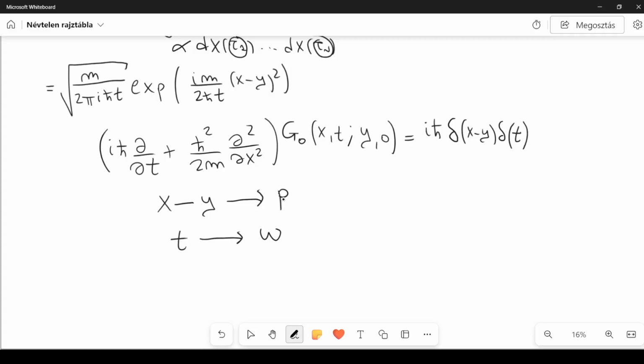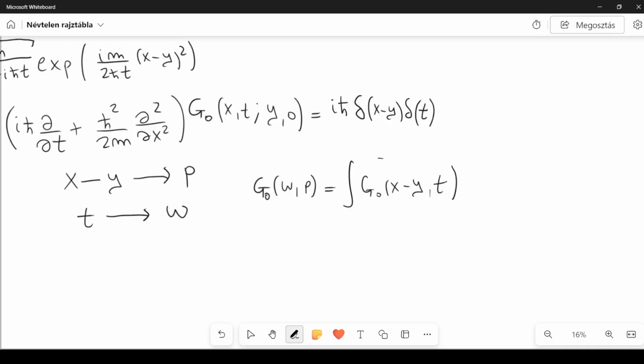Basically, you can define the function G0 of omega, p, which is given by the integral of G0 of x minus y, t. And this function coincides with this one. Basically, with some argument, you can say that this function depends only on the difference between these two values and also on the difference between these two values here. So you can write it like this.